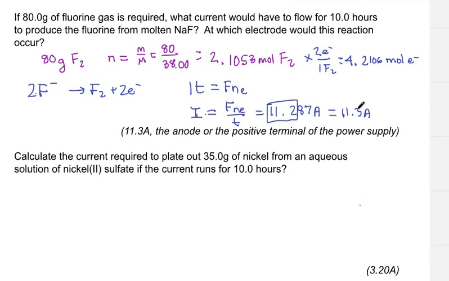What electrode will this happen at? We have F minus turning into F2, so the charge is going from -1 up to 0. Charge going up, or oxidation state goes up, means it's an oxidation. Oxidation has an A in it, so it happens at the anode. Or think of it as the positive terminal, because we need something to suck up these electrons that we're producing.